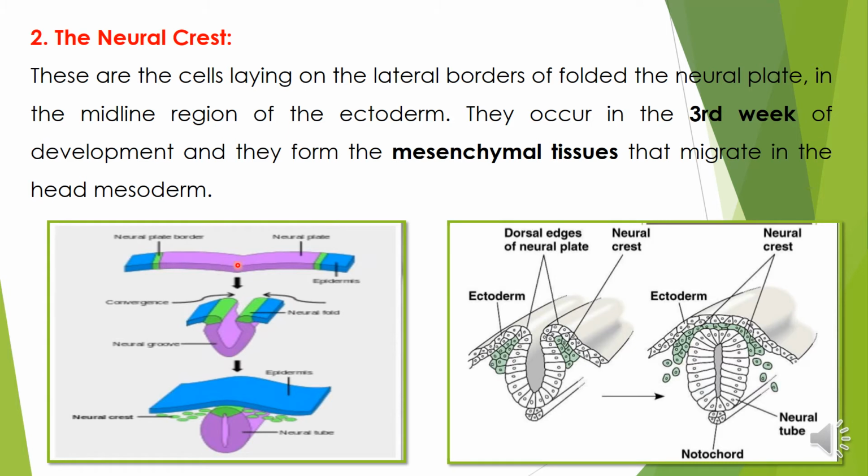This is the neural plate, in the midline regions of the ectoderm. They occur in the third week of development and form the mesenchymal tissue that migrates into the head mesoderm. This is the neural crest.